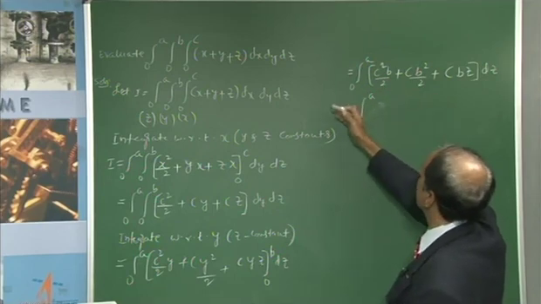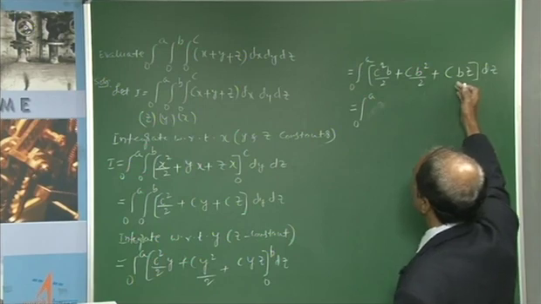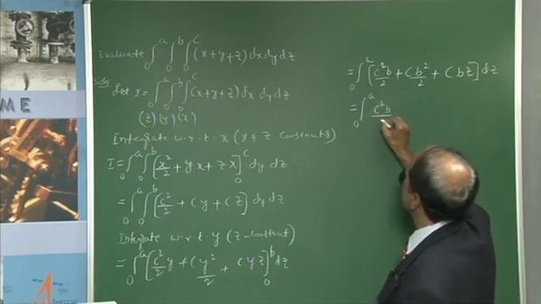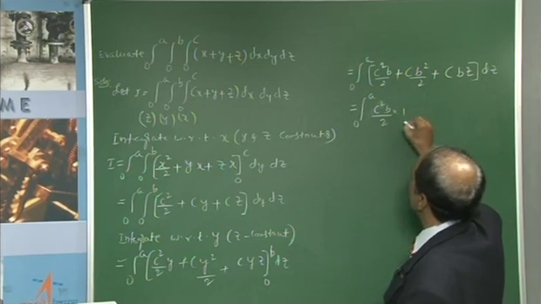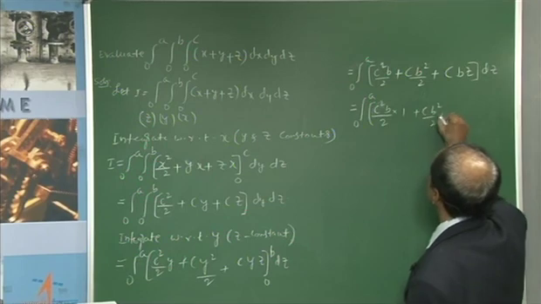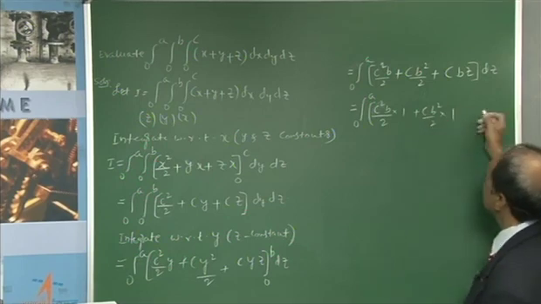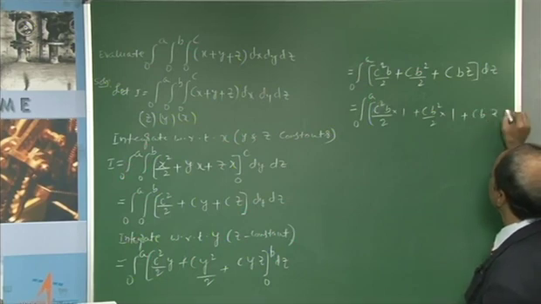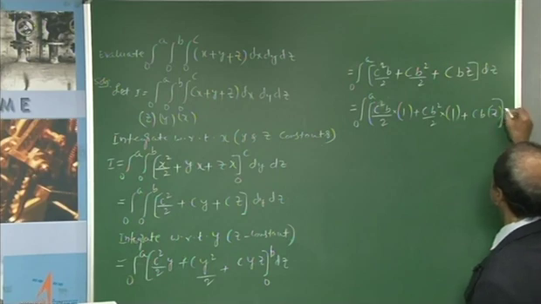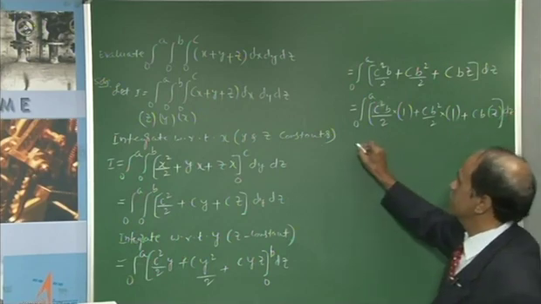Otherwise, you can take 2 common. Therefore, same c square b by 2 into 1, plus c into b square by 2 into 1, which you can integrate, and plus c into b and z, which you can integrate. This should be dz.